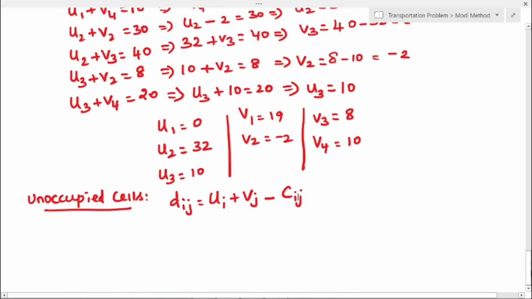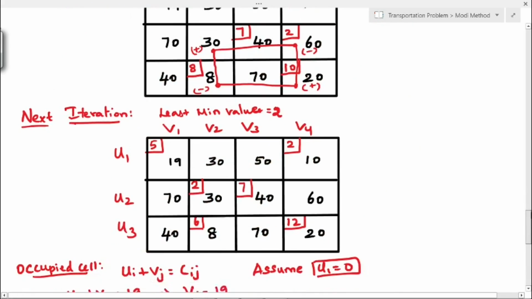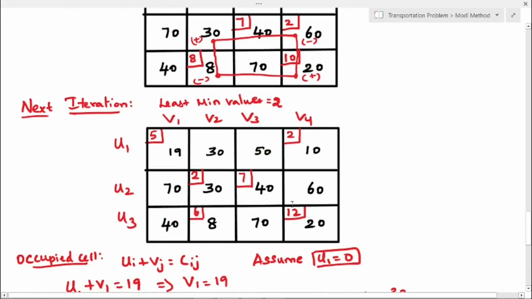So if I substitute here, you get U1 plus V2 minus 30. So this is D1,2. First we will write the cells: first row, third column; second row, first; and second row, fourth.